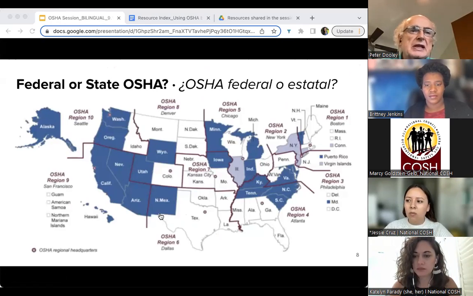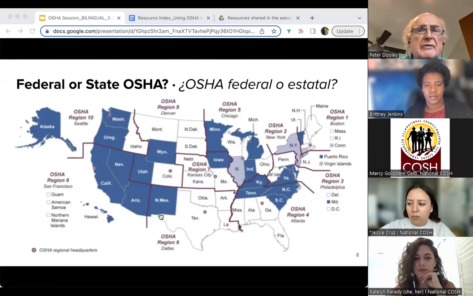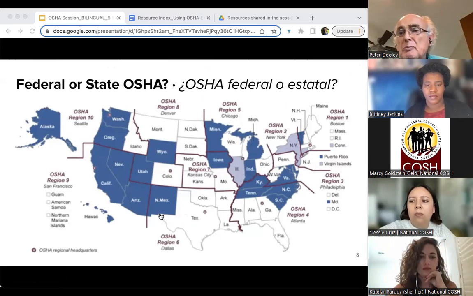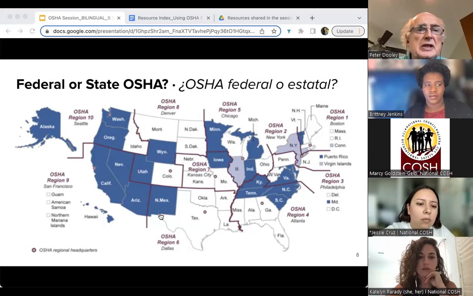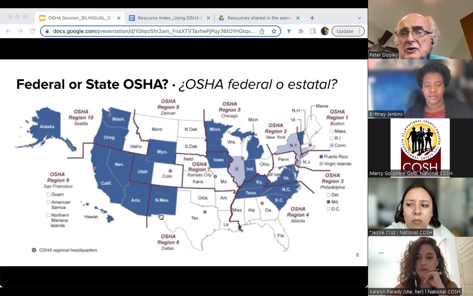So that's really important to know. And then there are some states that have a combination of both, where they have federal enforcement for private sector employees and state enforcement for public sector employees. So we'll talk more about that as we go through it. Next slide.